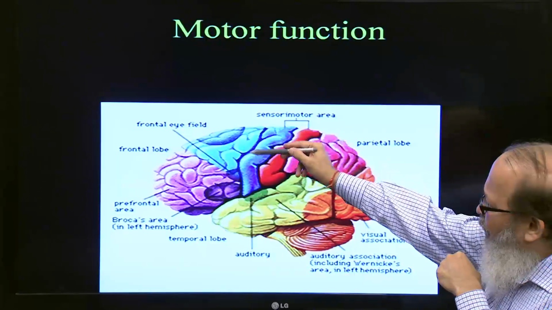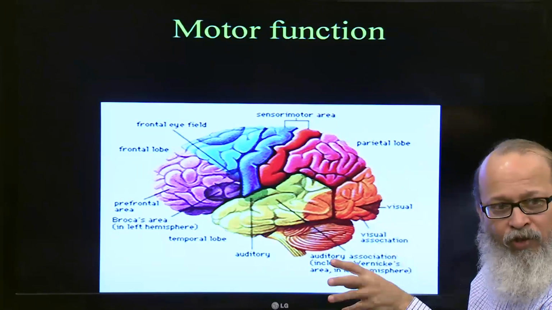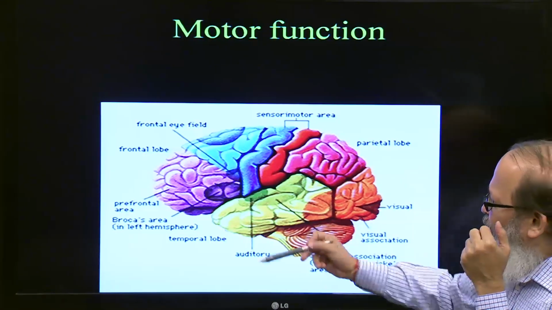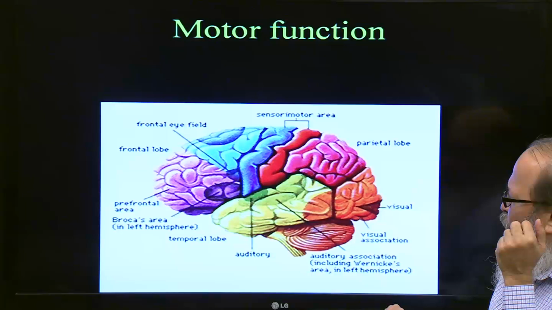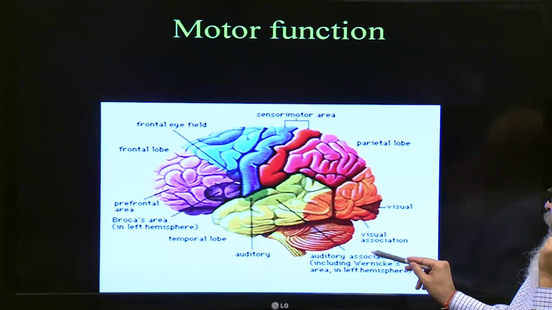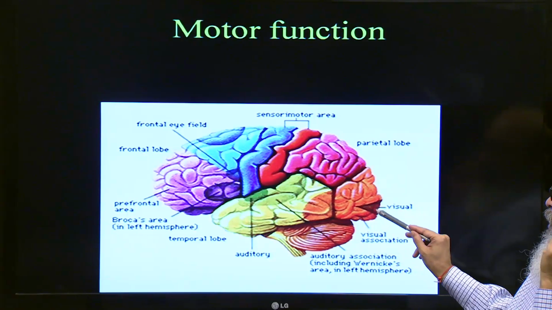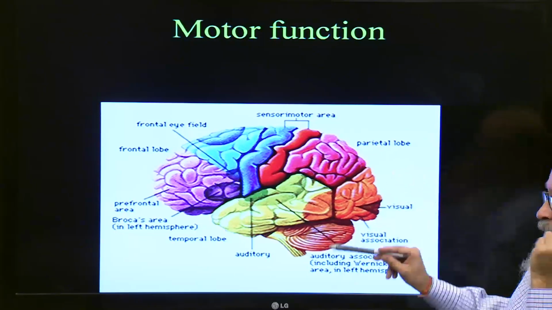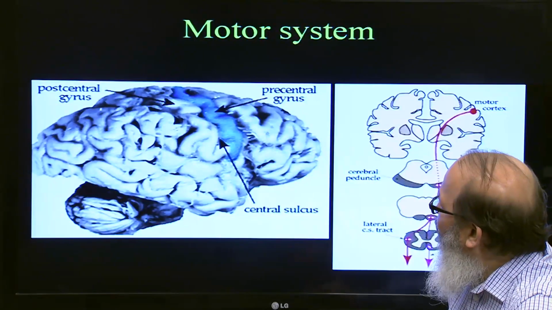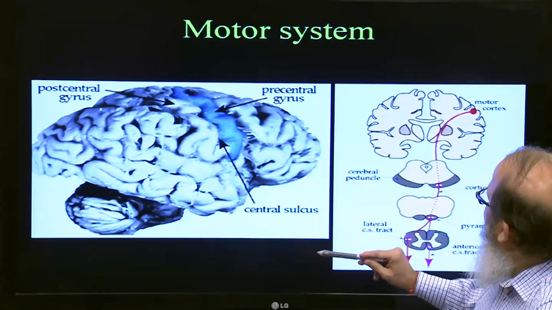The motor area decides whether you have to pull your hand or push your hand into whatever stimulus is there. Broca's area I have already told you about; this is the auditory area where you hear, this is the visual area, and this is the gyrus I was telling you about.